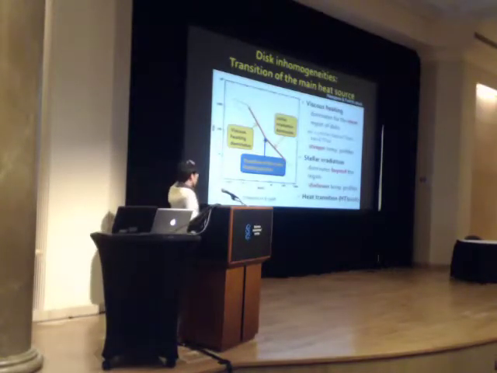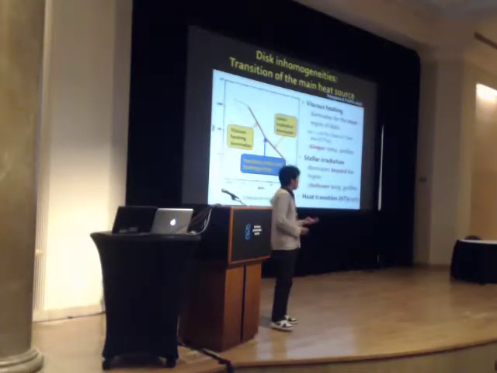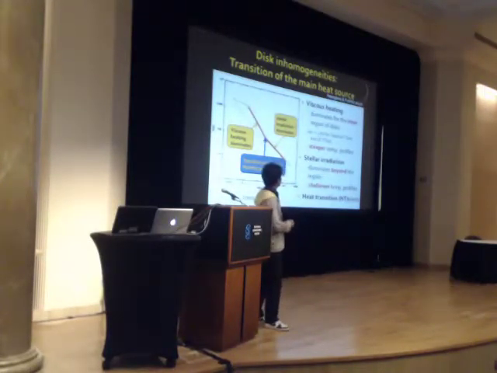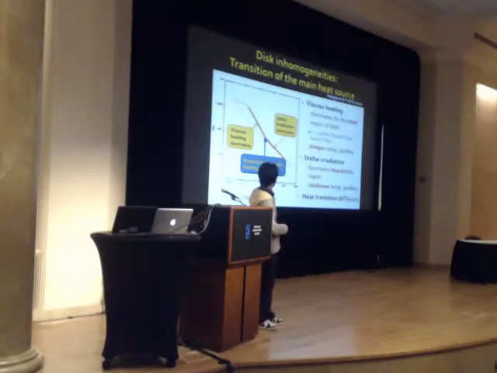Protoplanetary disks are heated by two sources: one is viscous heating, and the other is stellar radiation. Here's a very famous work done by Sasselov and Lecar, 1998. In this plot, you have the temperature of the midplane as a function of the distance from the central star.